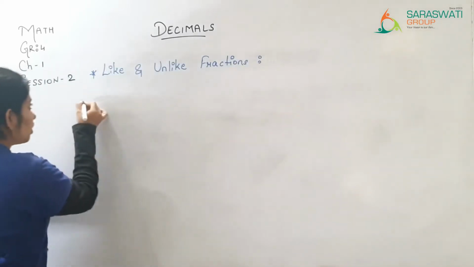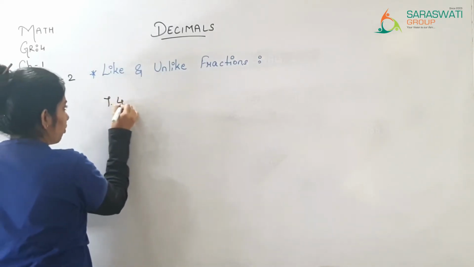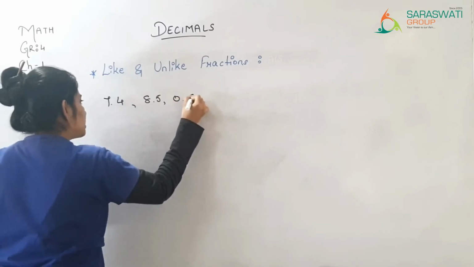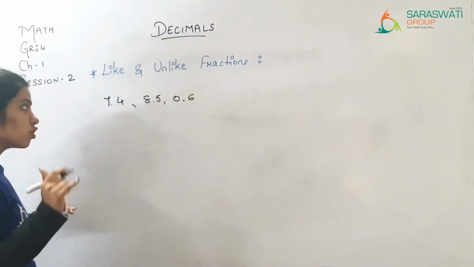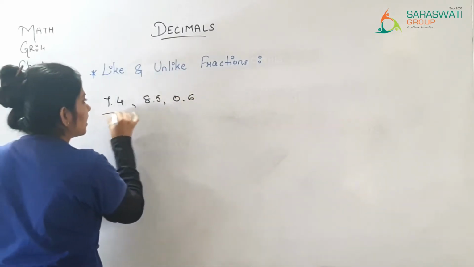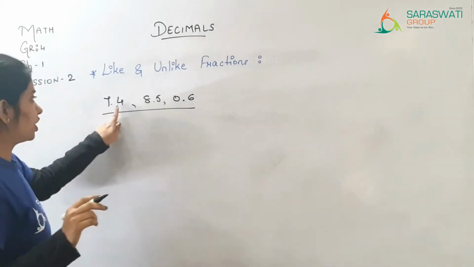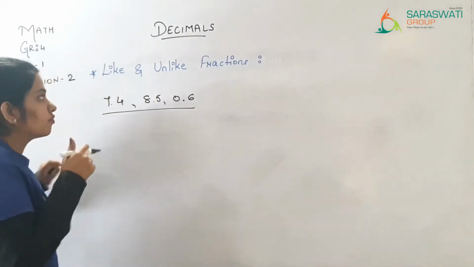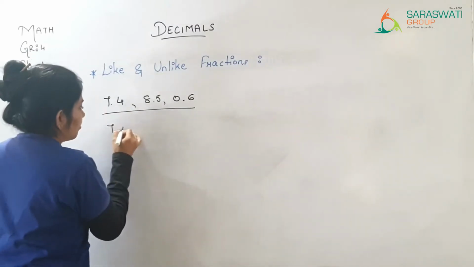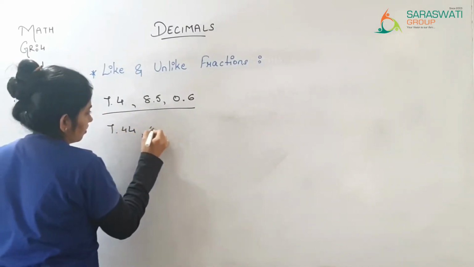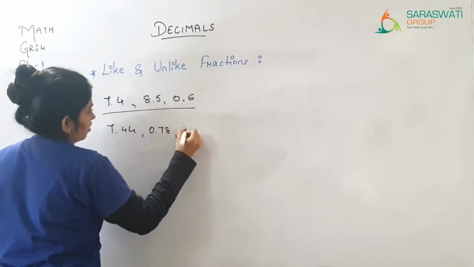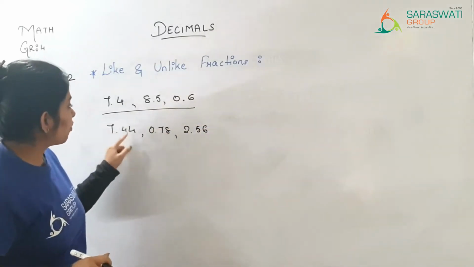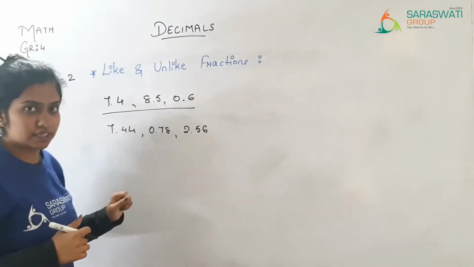Means, for example, 7.4, 8.5, 0.6. Over here you can see that after the decimal point I have written only one digit, right? Now, for example, I am writing another set, and over here you can see after the decimal point I have written two digits.